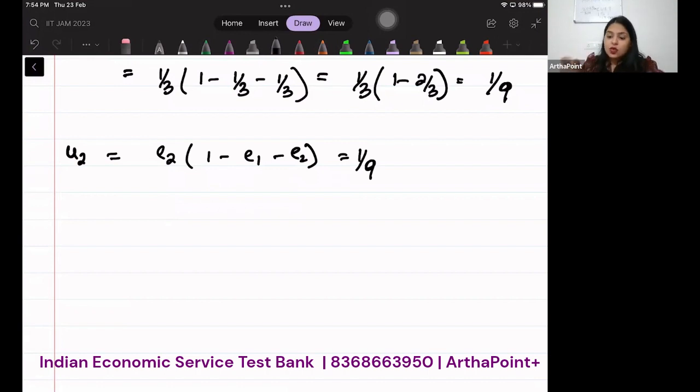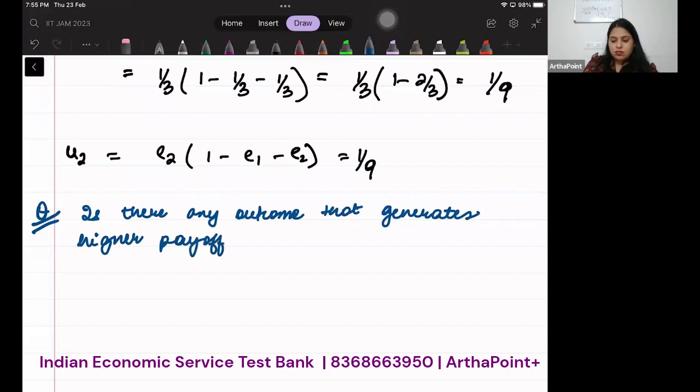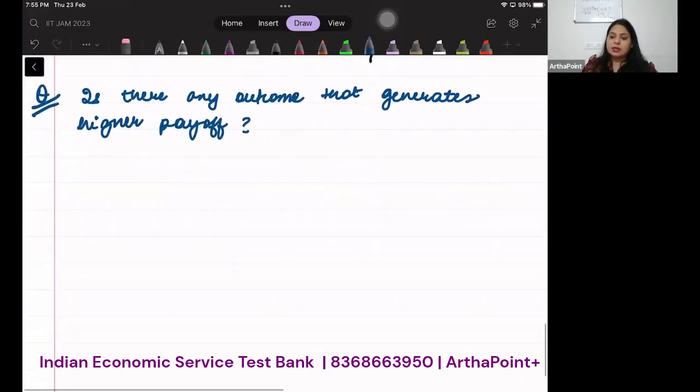But the question is, and this is an important one, this usually comes in the exam: is there any outcome that generates a higher payoff?